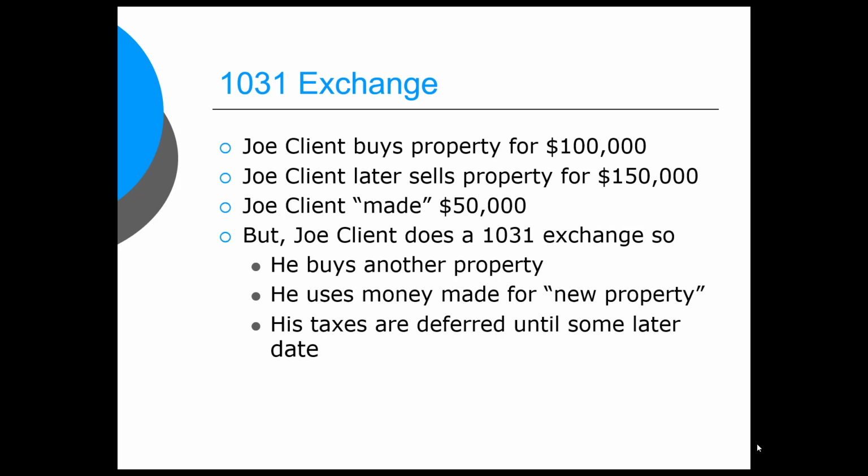So he's going to buy another property, which we call the replacement property. He's going to use the money from the transaction to pay for the new property. He's not going to pay any taxes at this time, so his capital gains taxes are deferred until some later time. Basically, instead of paying the IRS the $7,500 in capital gains tax, Joe is able to take that money and instead reinvest it and use it as equity in his new property, the replacement property.